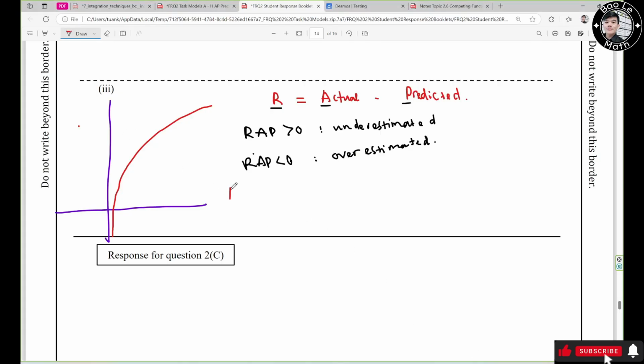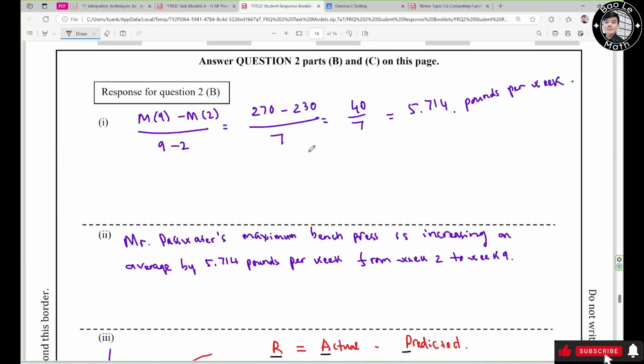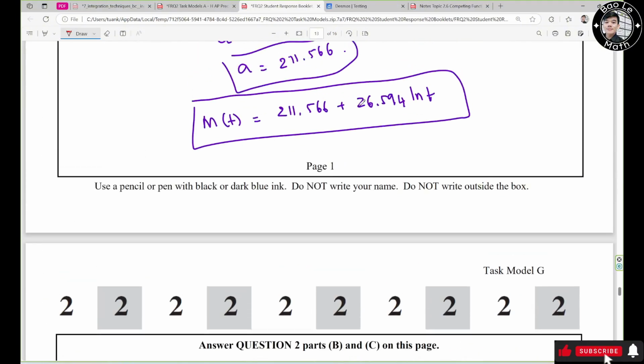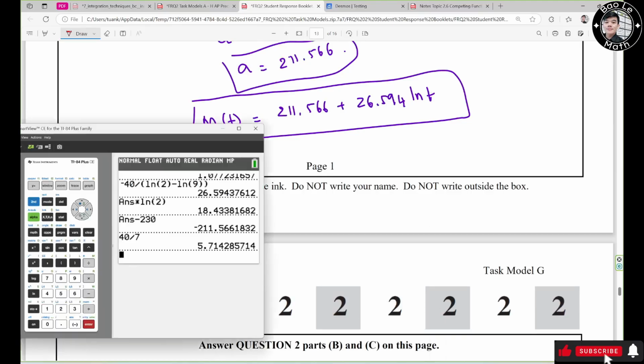So we need to calculate M12. Ratio equals M12 subtract E12, right? So for M12, we're going to use the function right here. Alright, so we substitute 12 for t, right? So it's going to be 211.566 plus 26.594 times natural log of 12, right?